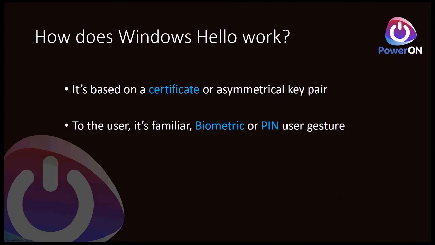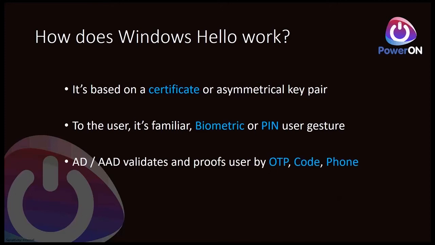To the user, it's one of the gestures, right? So it's either to access the device, it's a PIN, or it could be a biometric, and the device that they're using needs to support that.